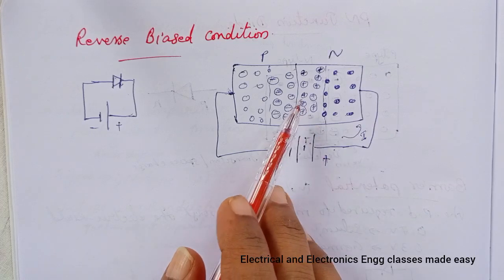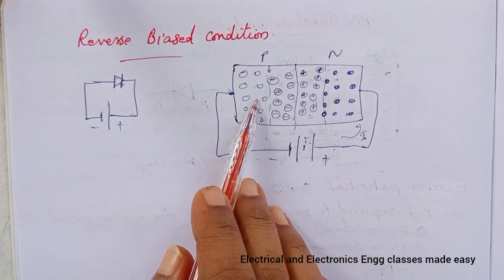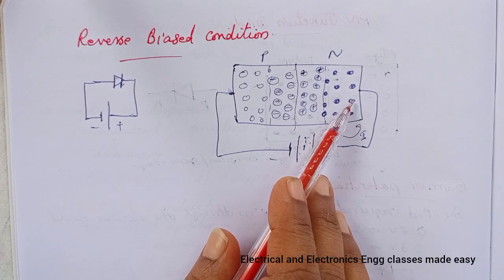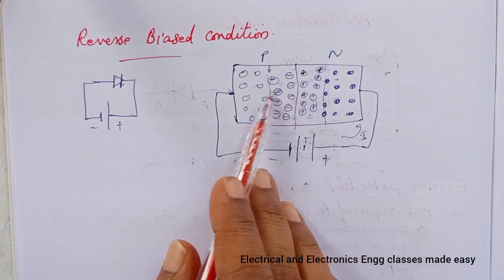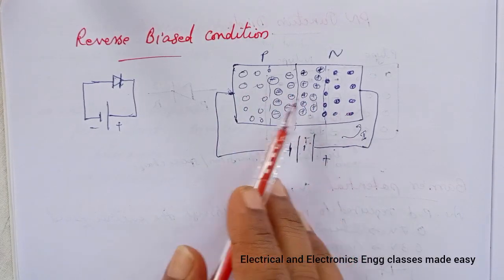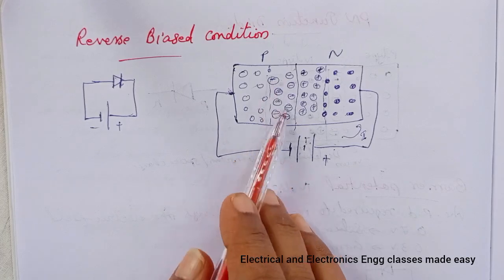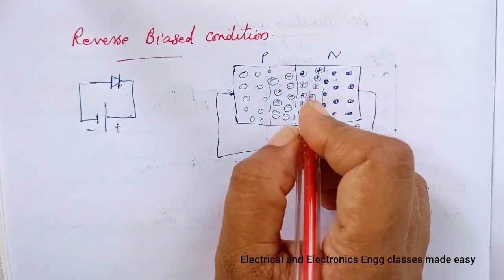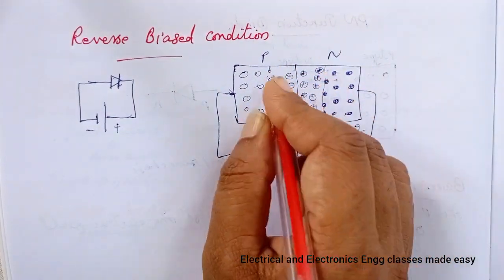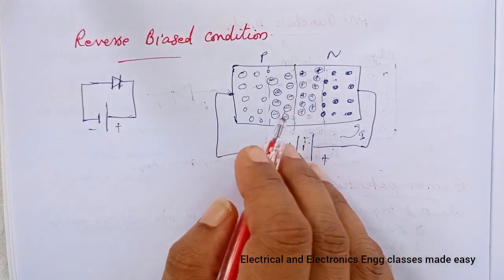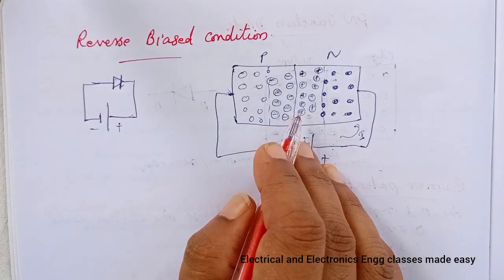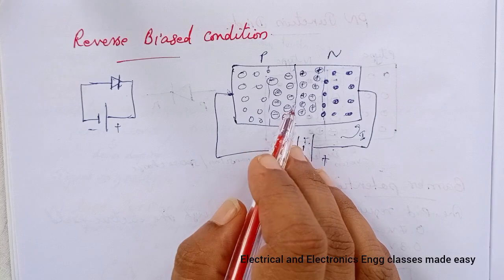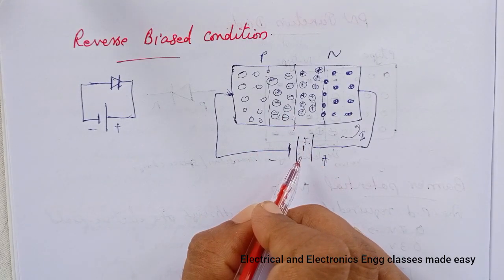Because of this, majority carriers in P and N regions flow away from the junction. As a result, the depletion layer gets wider. The barrier potential is increased by the magnitude of the applied voltage.